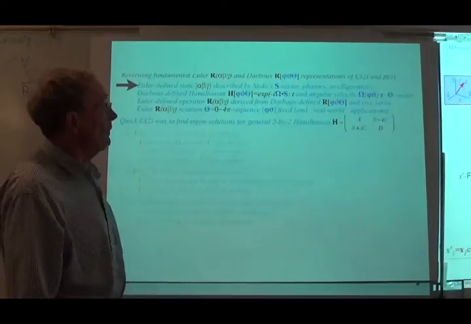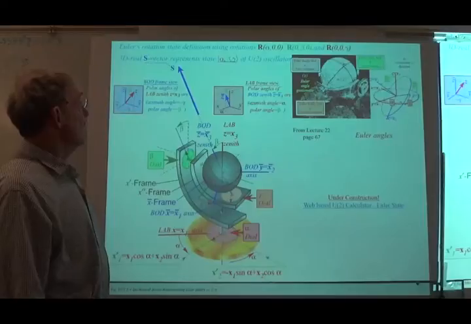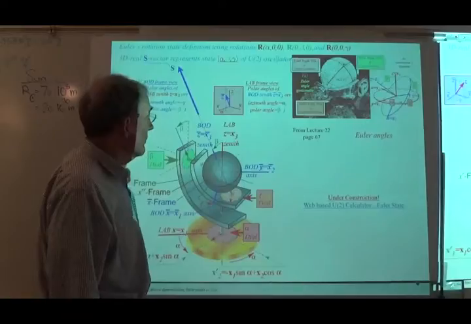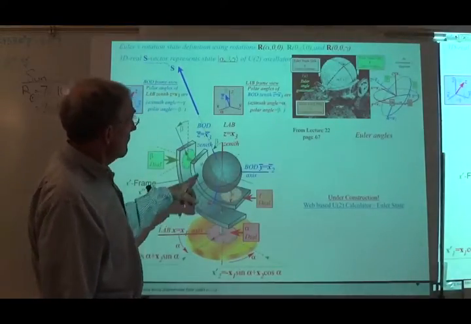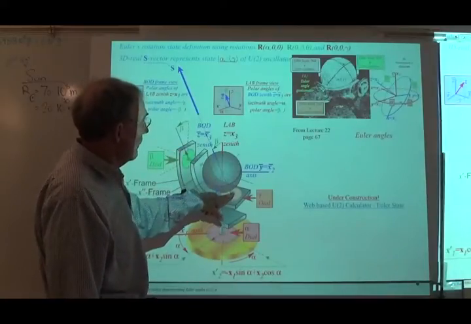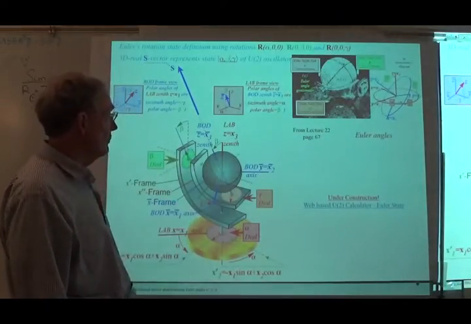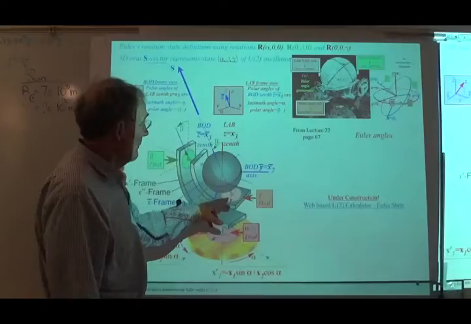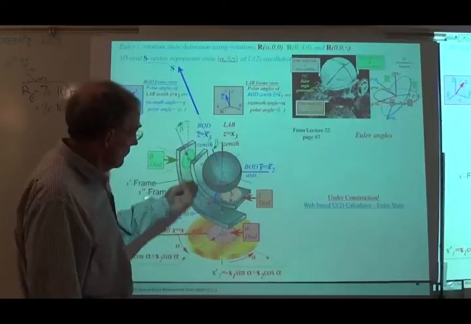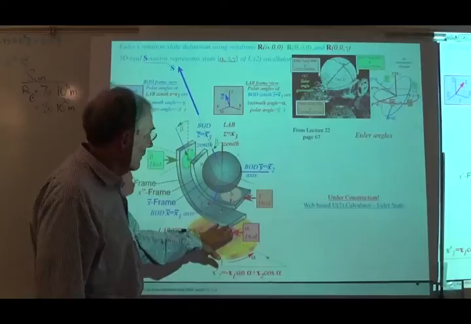The first thing is the Euler defined state, where the state is represented by a spin vector at some orientation. But more than that, the state is also embellished with a phase of the oscillator that the two-dimensional oscillator is supposed to represent. The machine that's sitting here on the desk that we played with a little bit last time is diagrammed completely here. You can see that this is the laboratory connection right here.